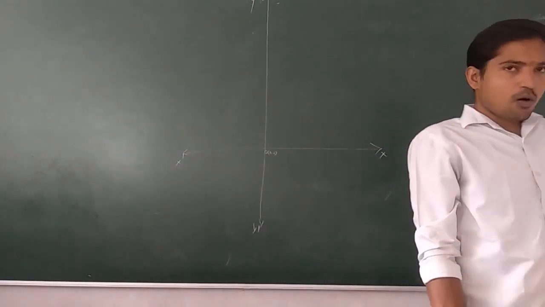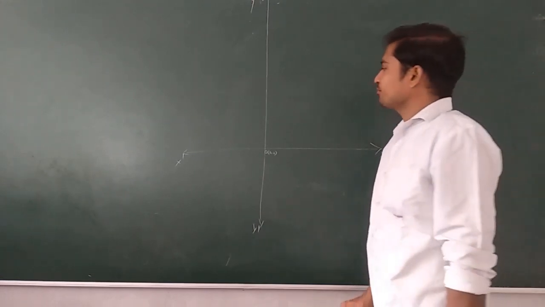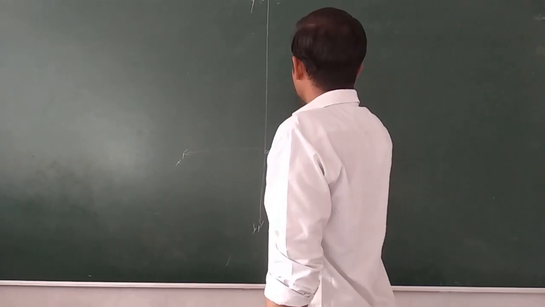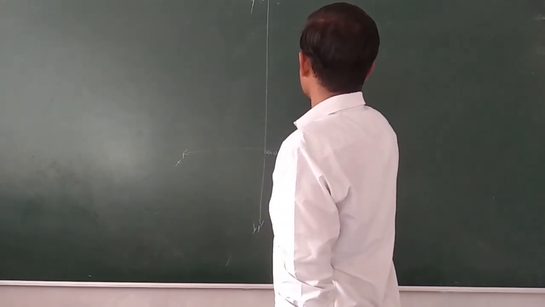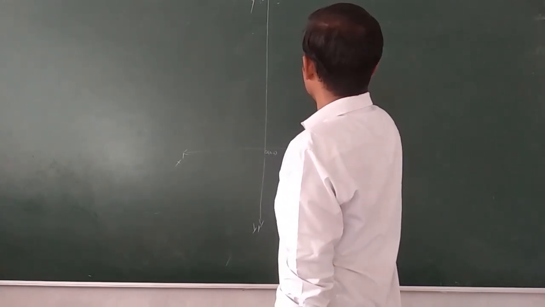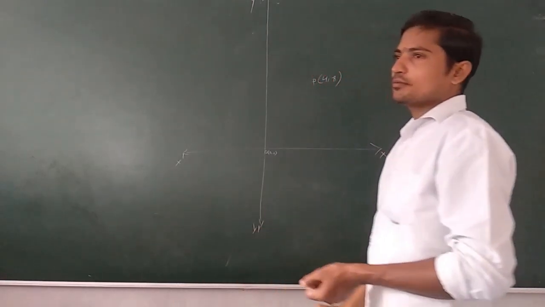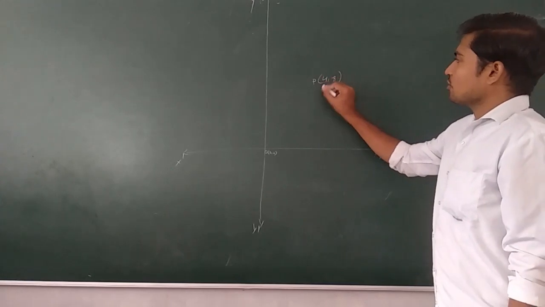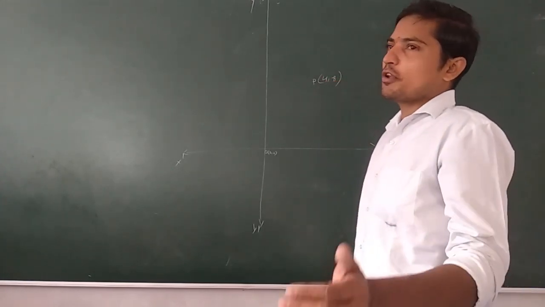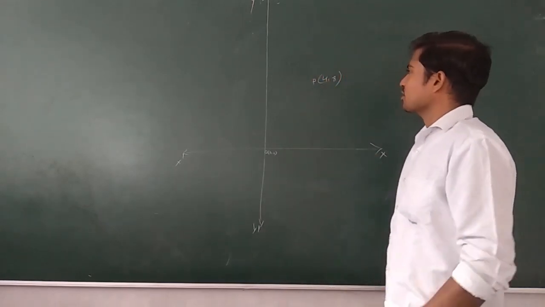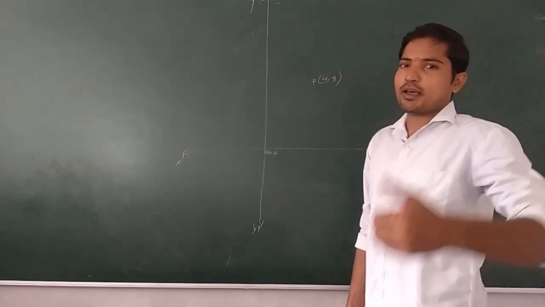Now suppose I take a point here, P (4, 8), same example. The first coordinate indicates how many units from y-axis, and the second one indicates how many units from x-axis.